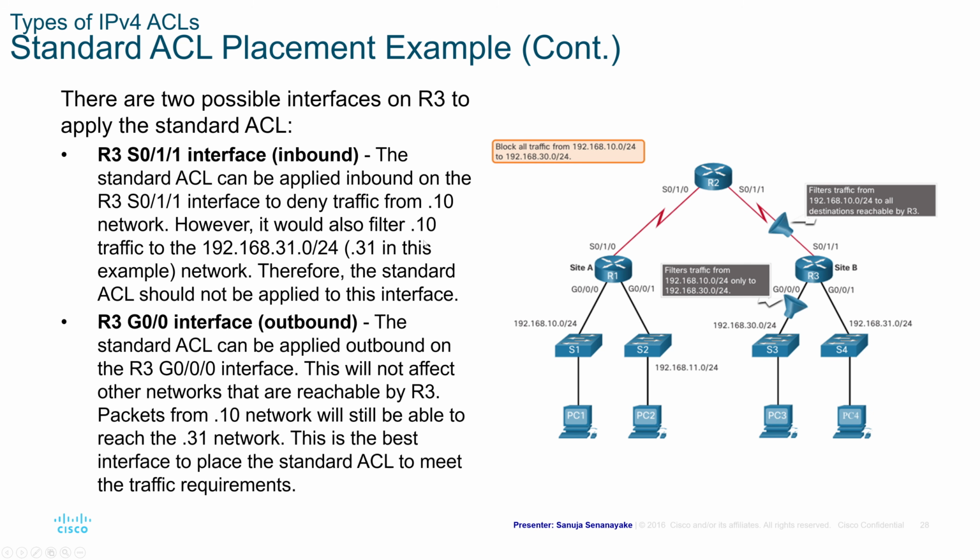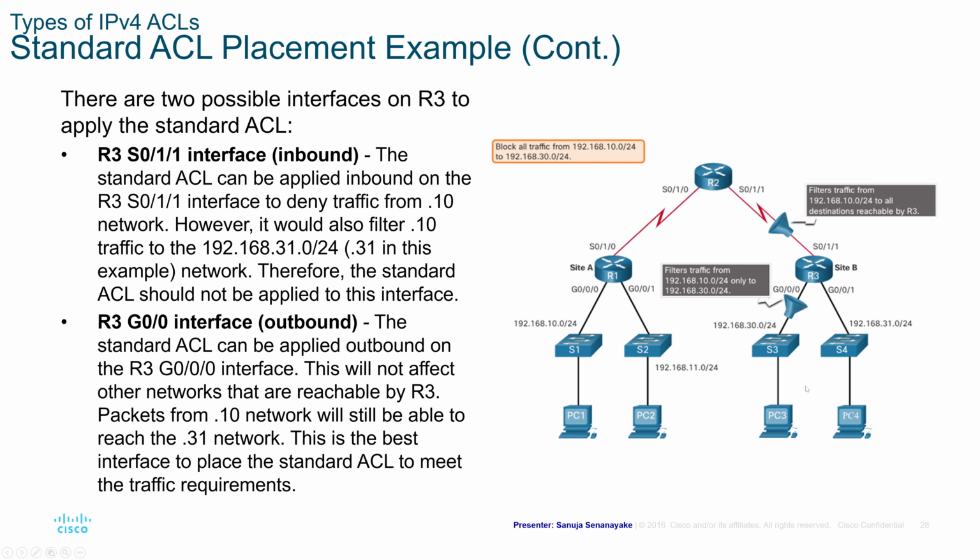However, it would also filter .10 traffic from the 192.168.31.0/24, which is .31 in this example network. Therefore, the standard ACL should not be placed on this interface. If you apply this filter to S0/1/1, that would be bad because it would actually prevent this link from being accessed by this network as well.